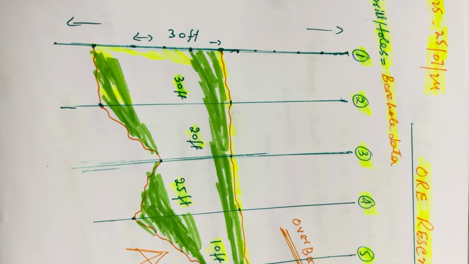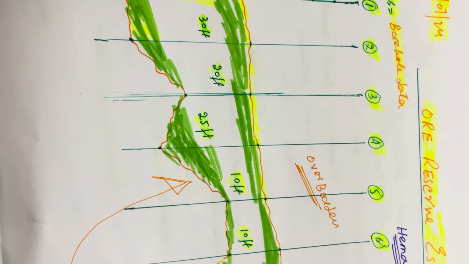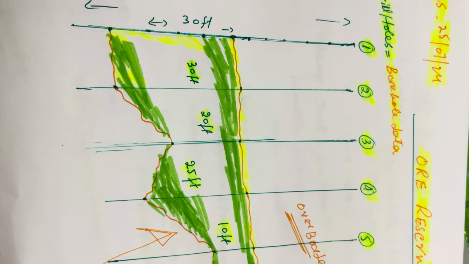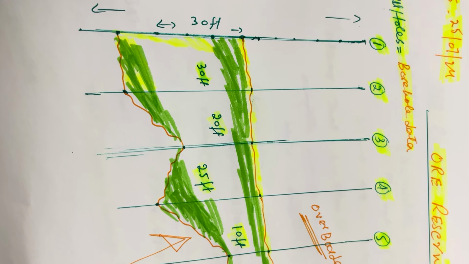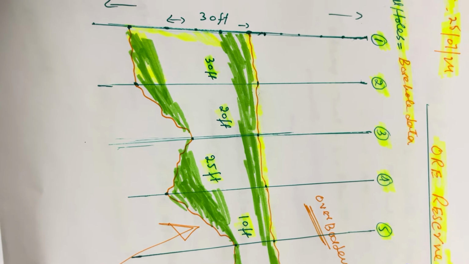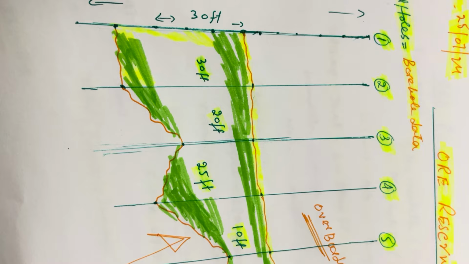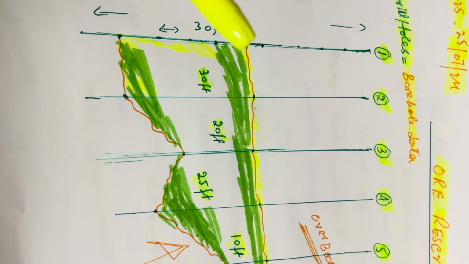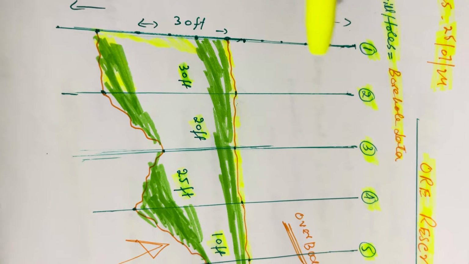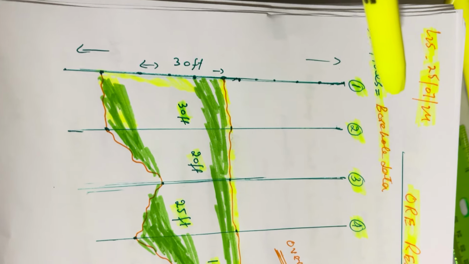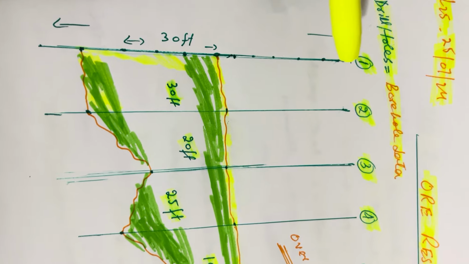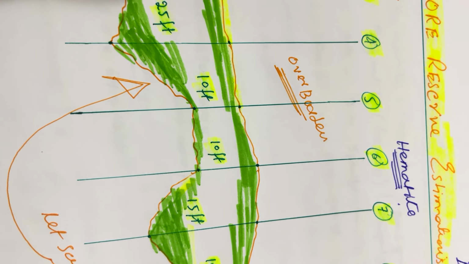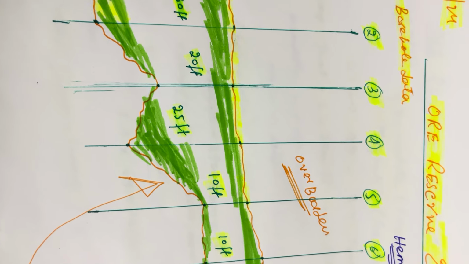So today I have to discuss the borehole data and how we can calculate the ore reserve from the core sampling of the data. This is actually an iron ore, called hematite, and it's an example.